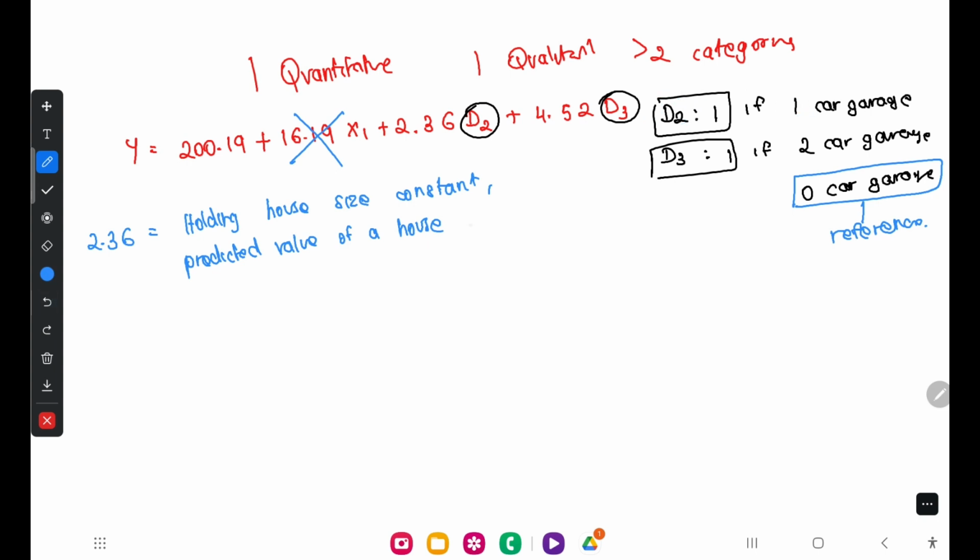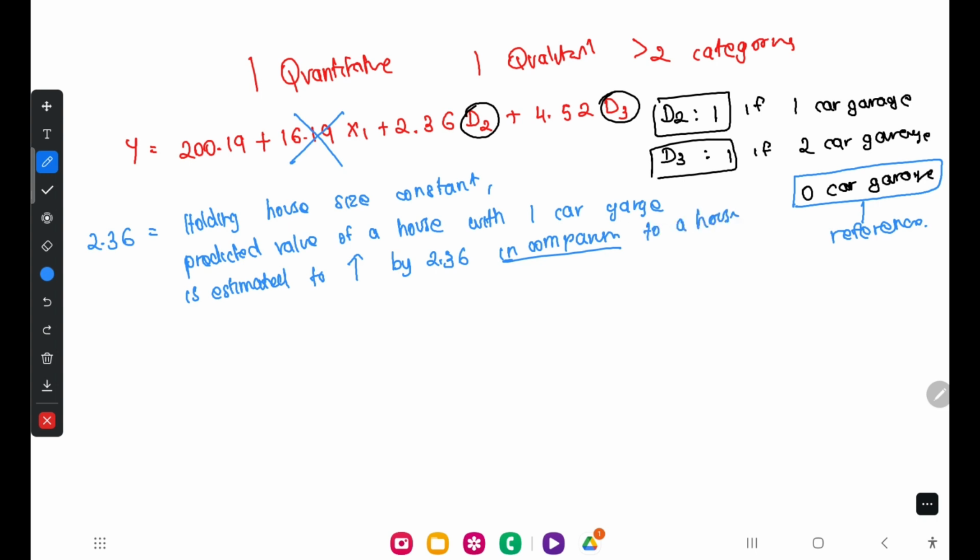So predicted value of a house with one car garage is estimated to increase by 2.36 in comparison, always in comparison to the reference category, that is a house without a garage. As simple as that.